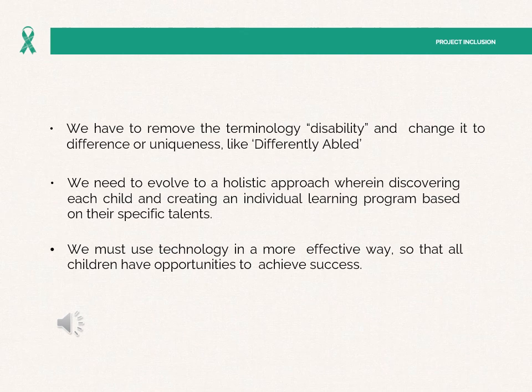This will consist of different long and short-term goals for each child. No two IEPs of children can be the same. Lastly, we must use technology in a more effective way so that all children have opportunities to achieve success.